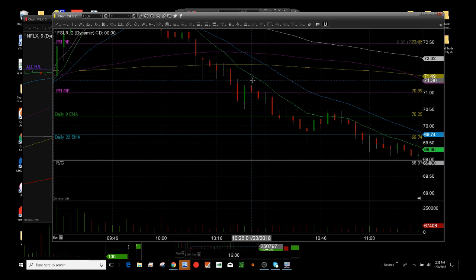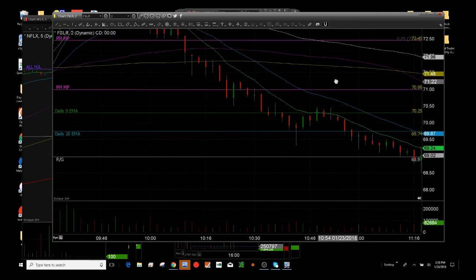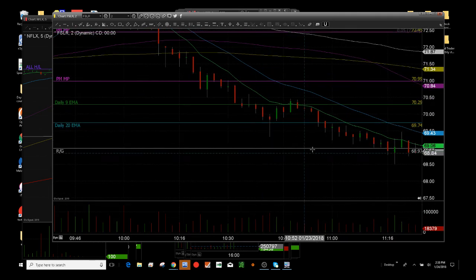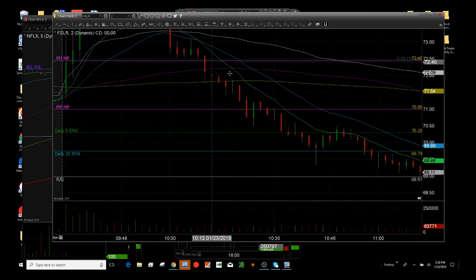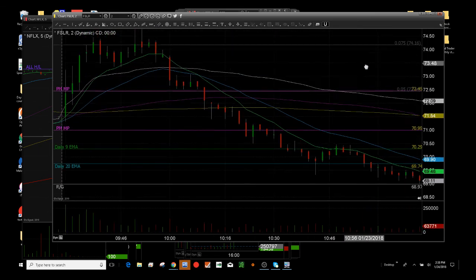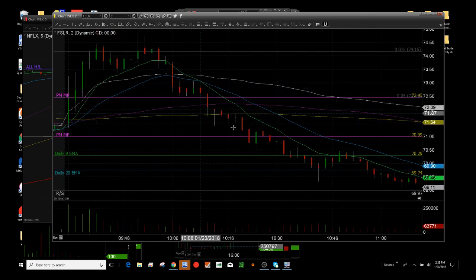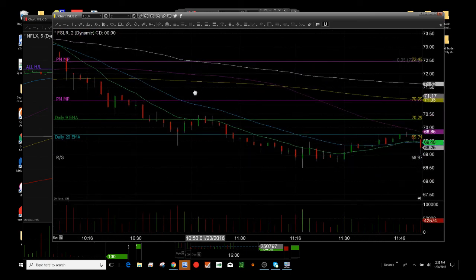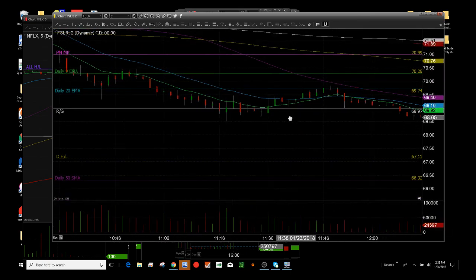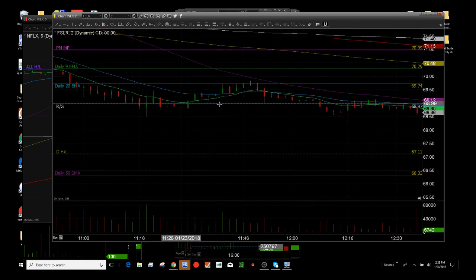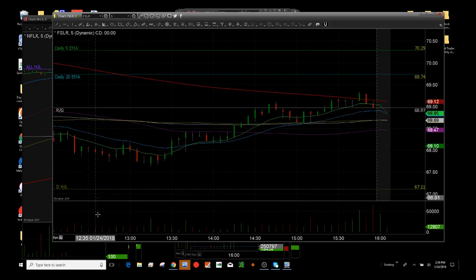And then the spot that I want to talk about on FSLR is this red to green line right here. I mean, gosh, it would have been nice to take a short through here, but because it was good news, I did not want to trade against the trend of the day. But once it got down to this level here, it looked pretty weak. Let's go to a 5-minute chart.